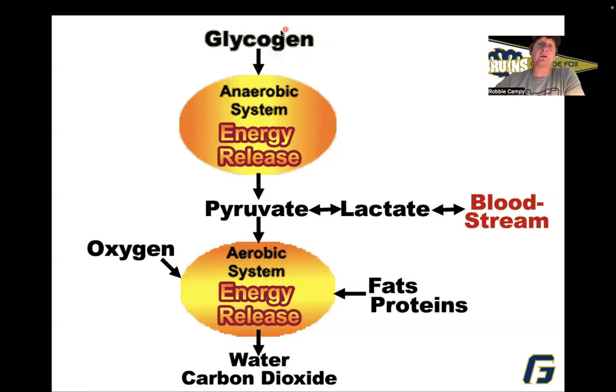If we're going to start to break down carbohydrates now, we're going to start to break down glycogen. Glycogen enters into an anaerobic system, and we know what that means. It means without oxygen. From that anaerobic system, there is going to be some energy released. This process is taking place in the cytosol, remember. This is taking place in the cellular fluid.